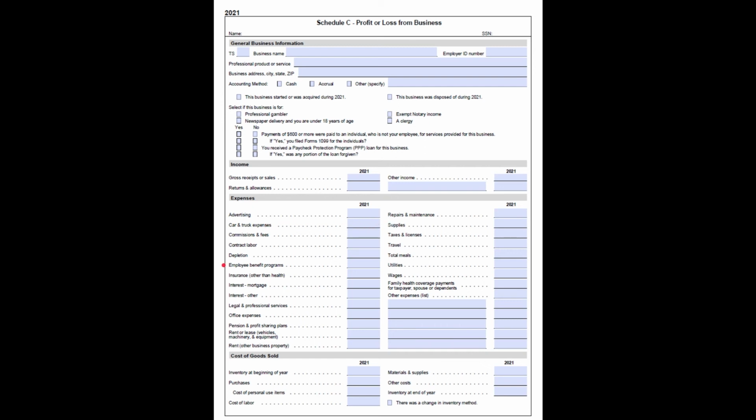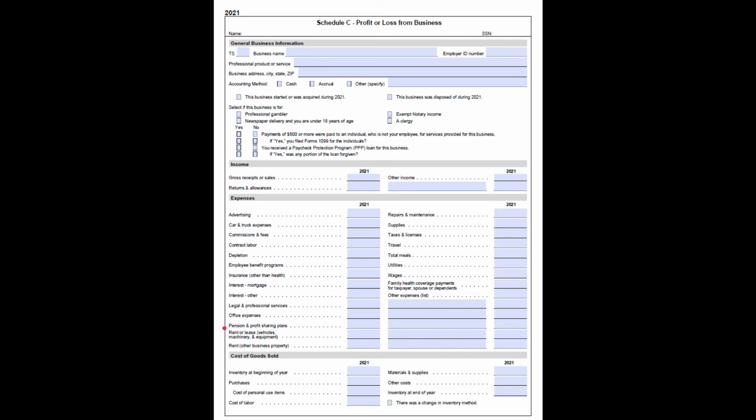Employee benefit programs usually will not include any benefits for you, the owner. This is going to be for any employees you may have been paying as a W-2 employee. These benefits would include things like health plans or a dependent care assistance program. But again, for your employees, not for you as the proprietor.